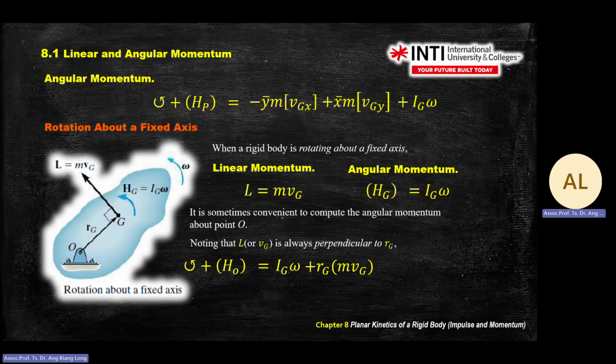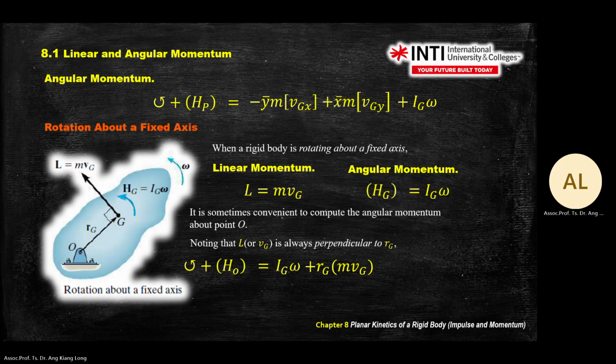You need to convert linear momentum into moment. This one no need already. Angular doesn't need it already. Angular is here, you just transfer it here, and then this one you need to multiply by the arm. You need to always convert the linear into something that rotates, or has an arm, in moment of momentum.